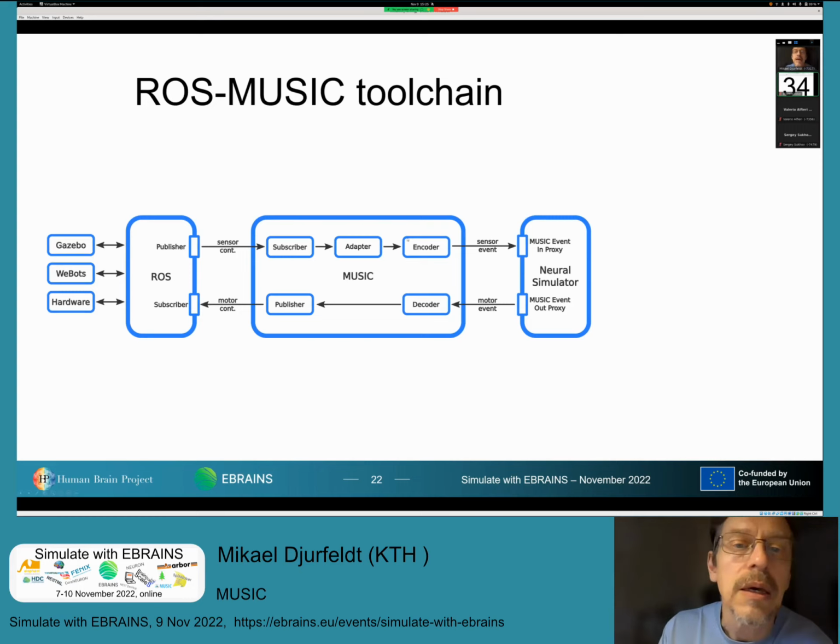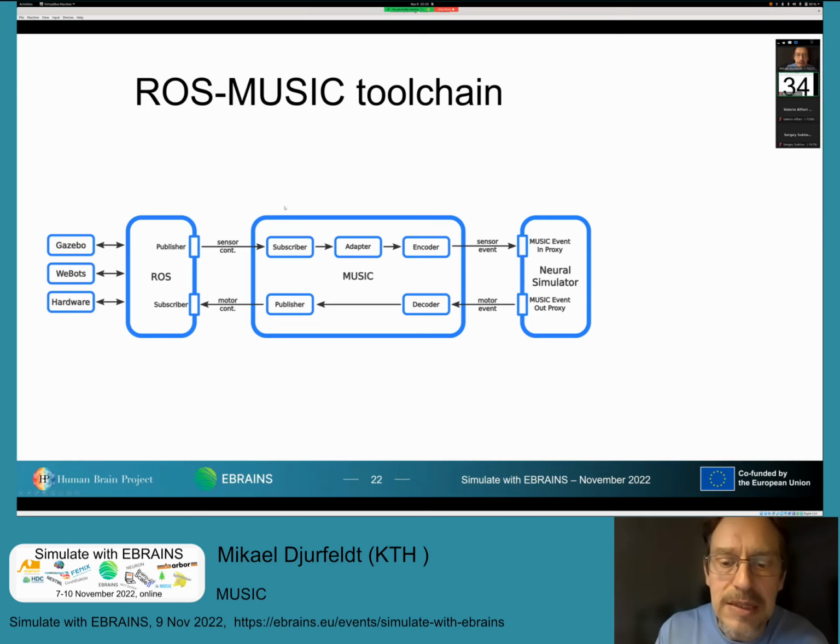And then it was possible to simply reuse the other parts of the toolchain just by changing the music script. So I should explain a little bit of what parts are in this toolchain.